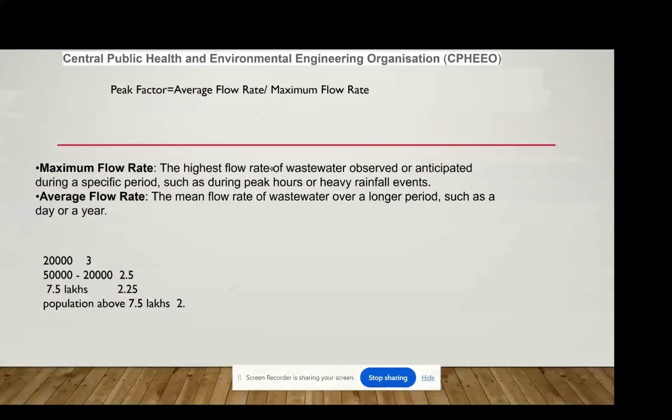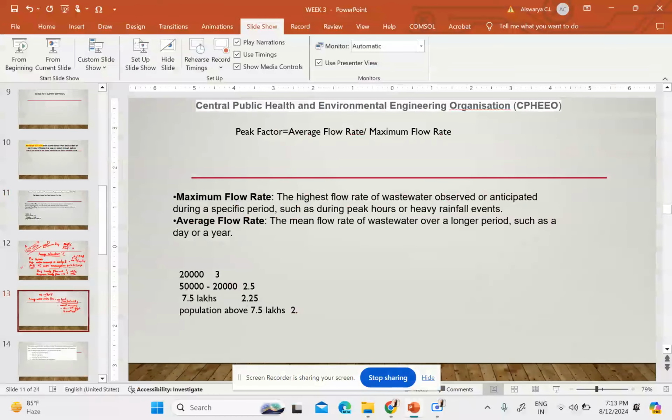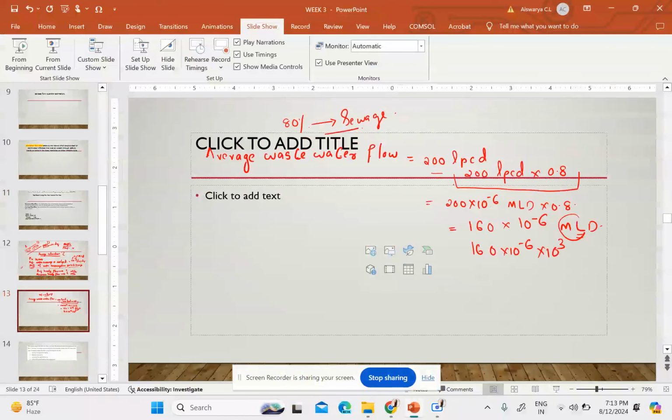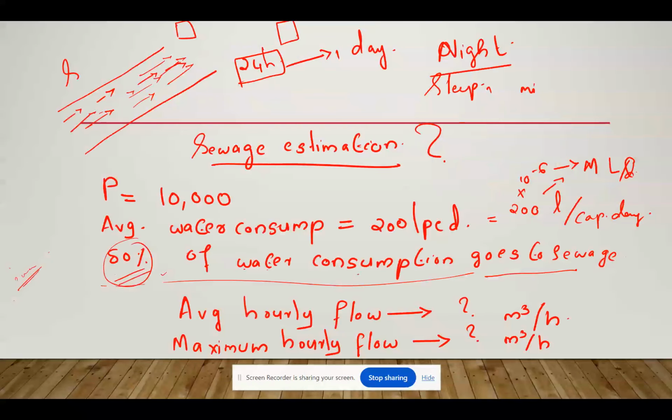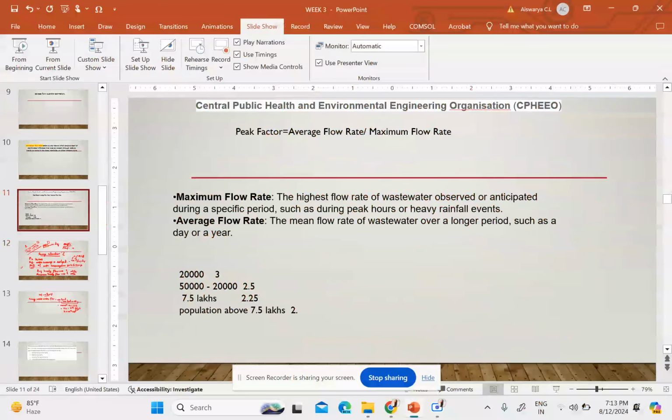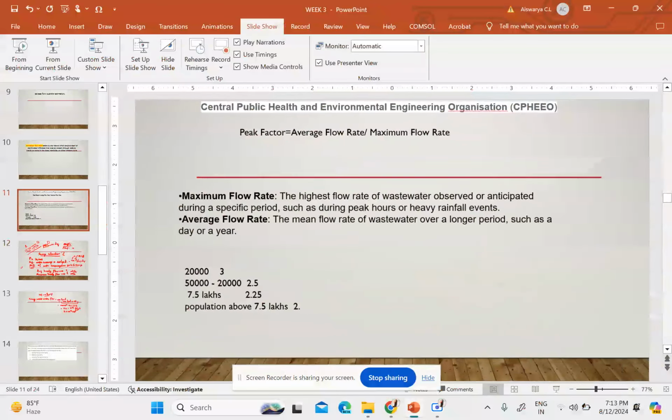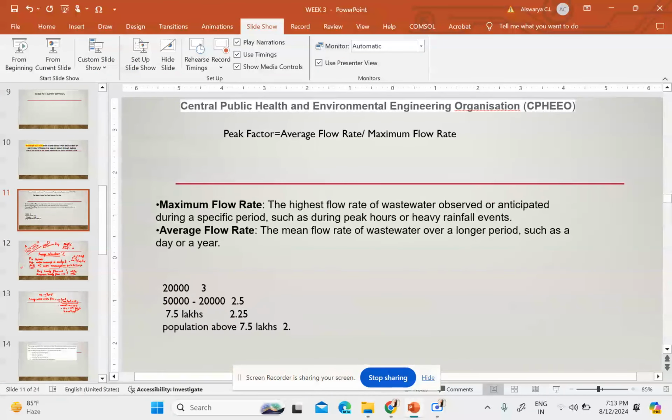Okay. This peak factor, I think it is not only from the population, it also depends on the area, like if it's a city or a village area, so it differs.